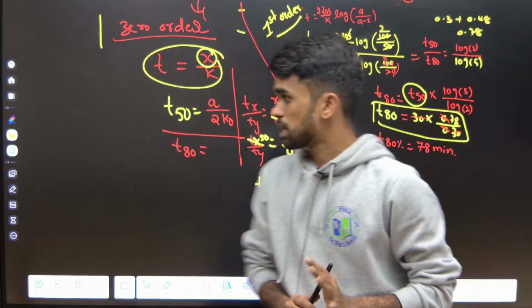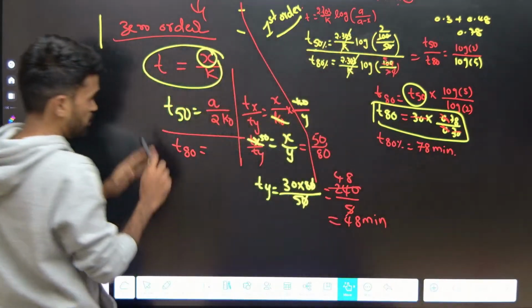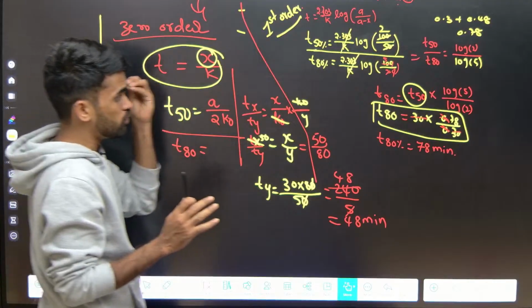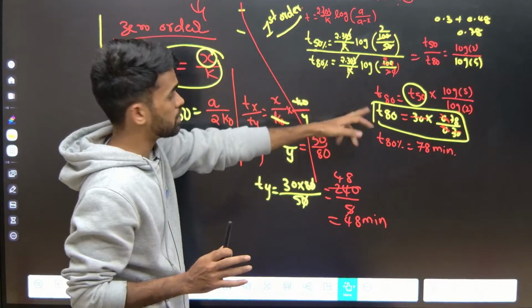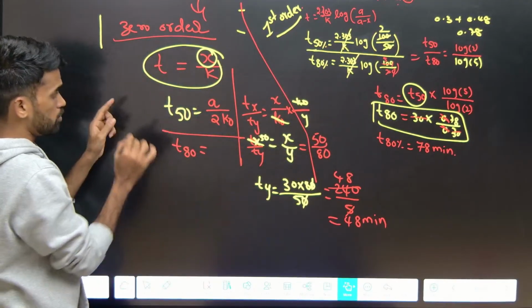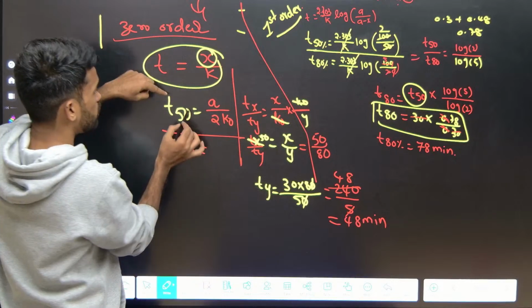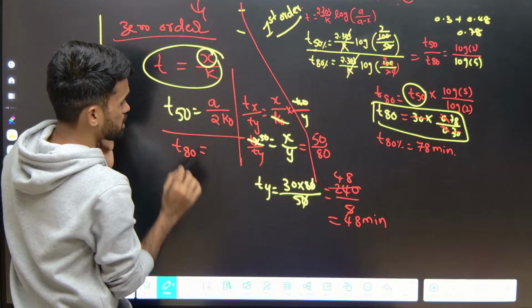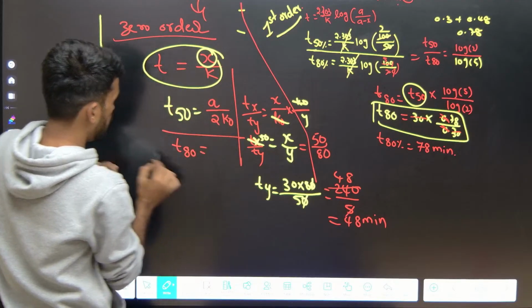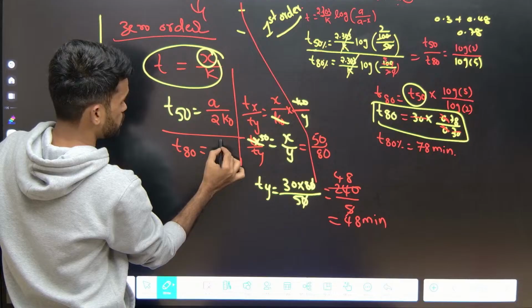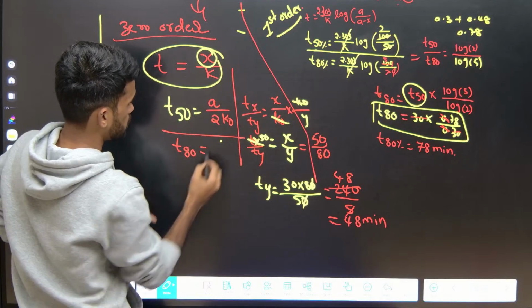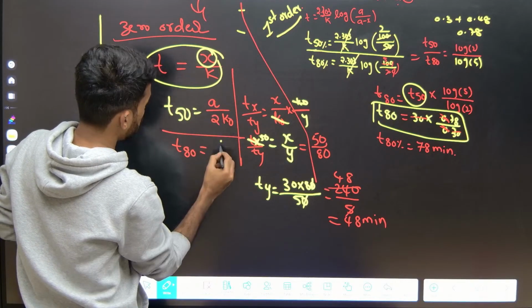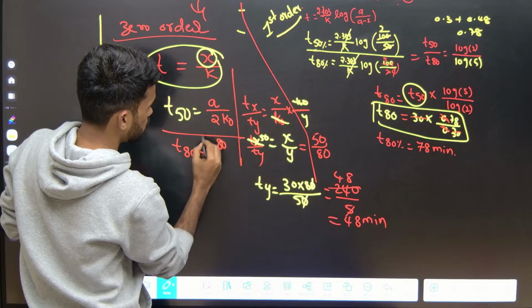Hope everything is clear. Whenever you get confused or forget the formulas, how can you calculate? For zero order, you take T 50%, X by T means A by 2 K naught, and for 80% you take X as 80 by K naught.